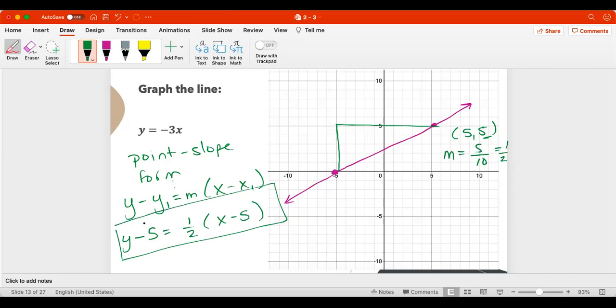Now you can solve for y and get it into slope-intercept form. This is far enough, but if you want to, you can say, let's distribute that 1/2. I just put that 1/2 with everything in here, and then add 5. So this is negative 2.5.